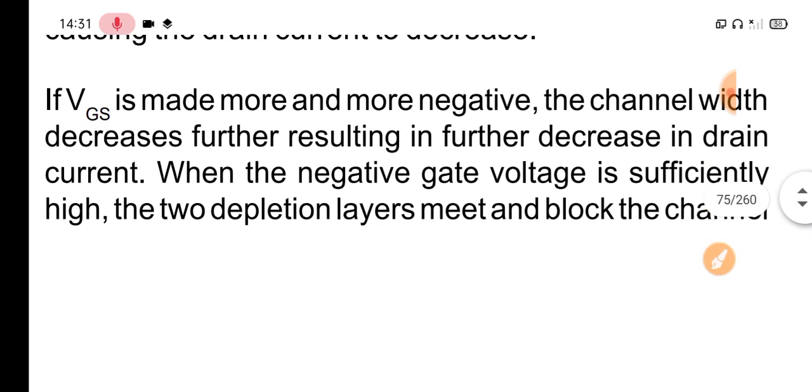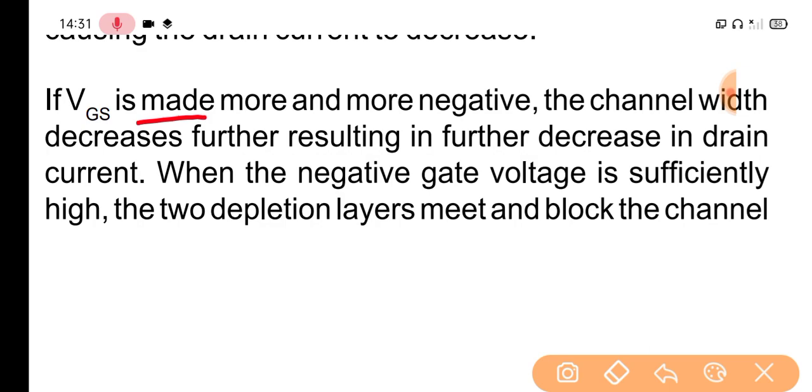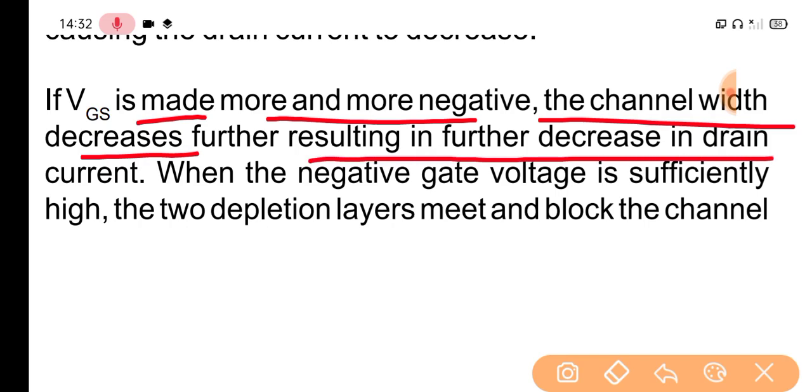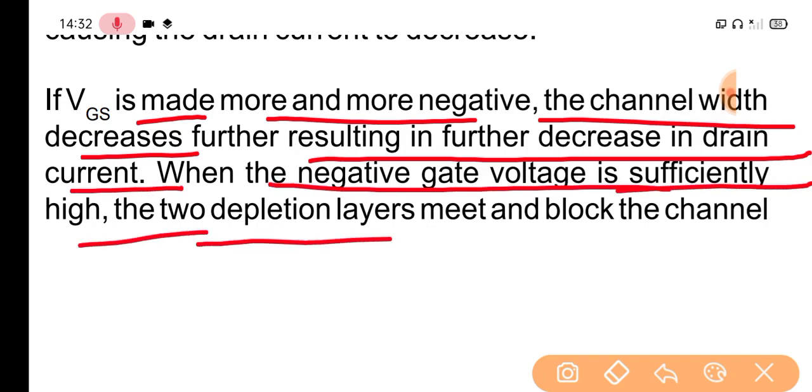If the gate source voltage is made more negative, the channel width decreases further, resulting in a further decrease in drain current. When the negative gate voltage is sufficiently high, the two depletion layers meet and block the channel.